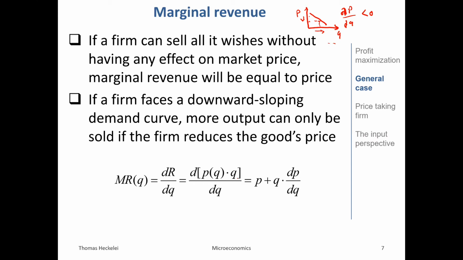So the derivative would be the derivative of the first, P as a function of Q, with respect to Q, dP over dQ, times the second function, Q, plus the first function P(Q) times the derivative of the second, which is 1. So the first term is dP over dQ times Q, plus the second, which is P, right?